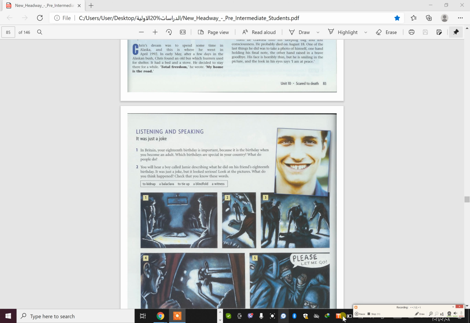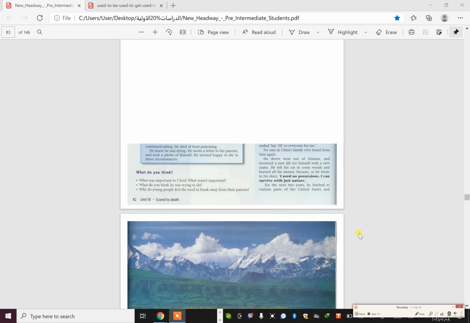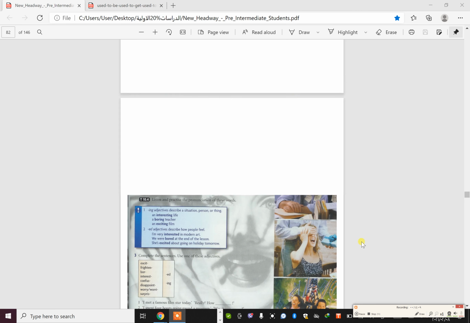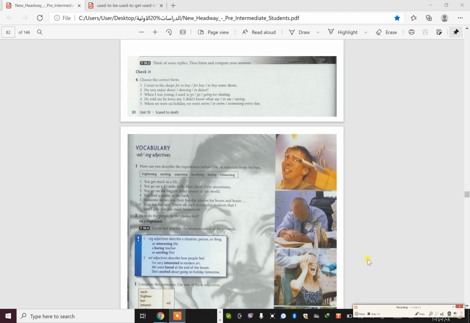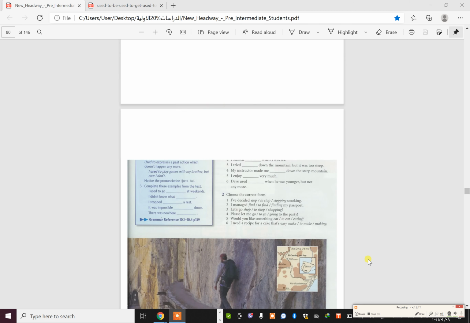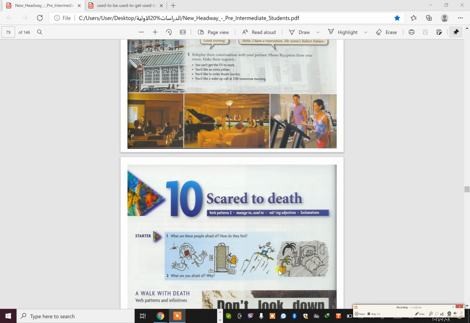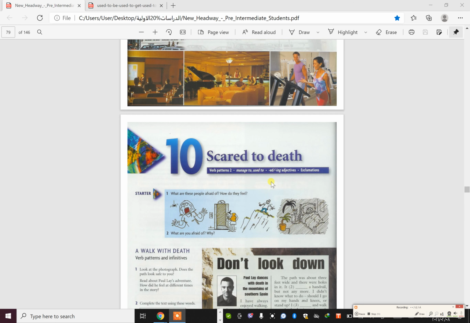It's like talking about a habit that we did in the past. So in the unit when they talk about used to, it is not only a verb like at the beginning; here used to is not only the verb that we use with a base verb.